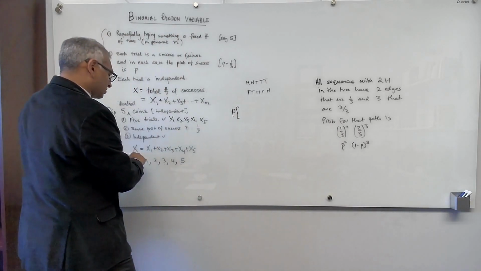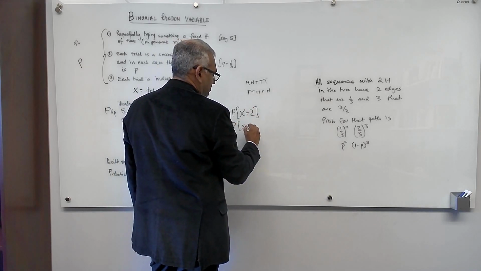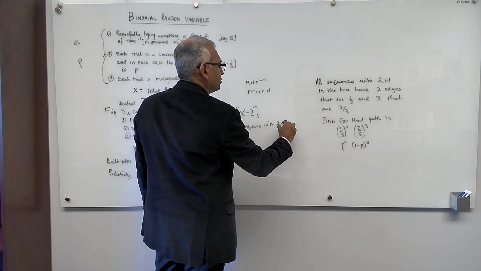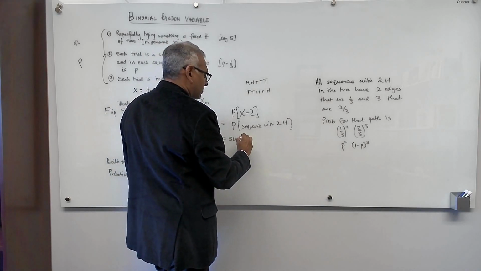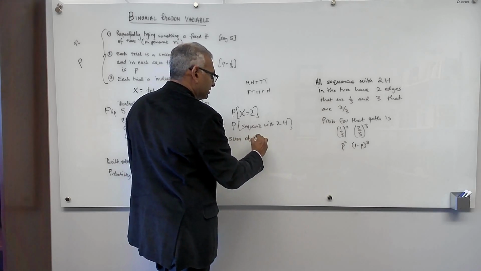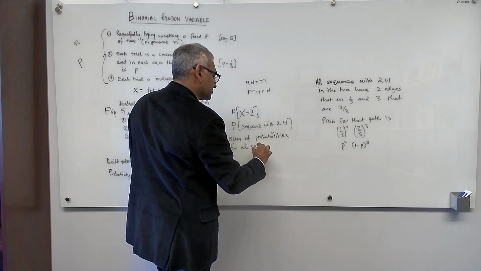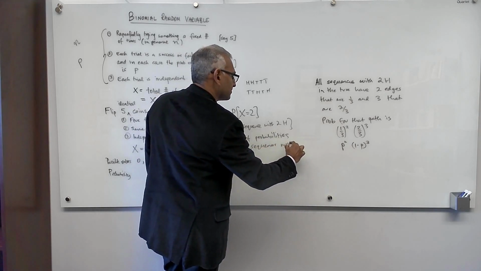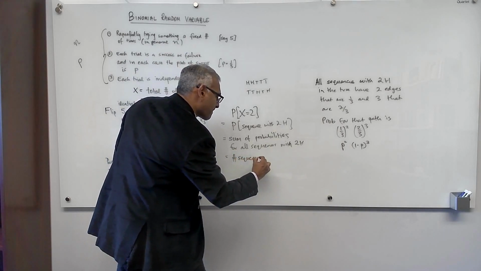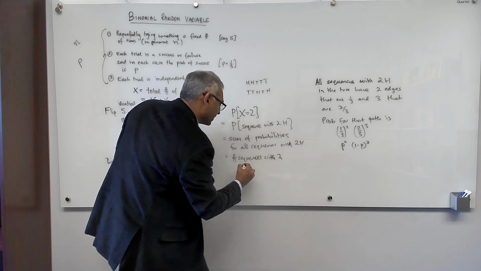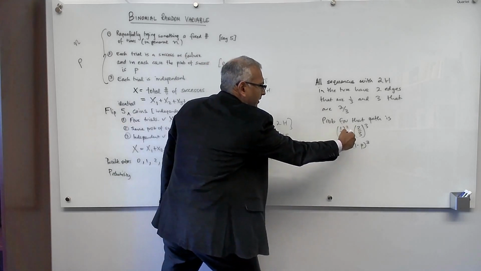The probability of x equals 2 is equal to the probability to get a sequence with two heads, which is equal to the sum of probabilities for all sequences with two heads, which is equal to the number of such sequences with two heads times 1/3 squared, 2/3 cubed.